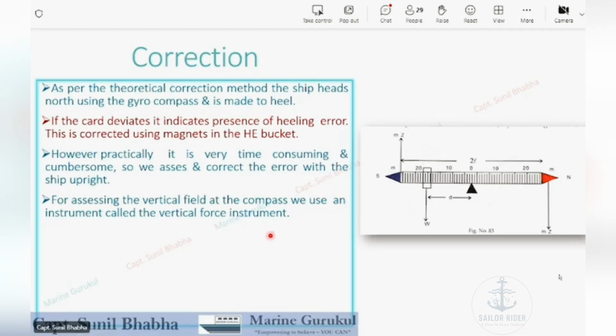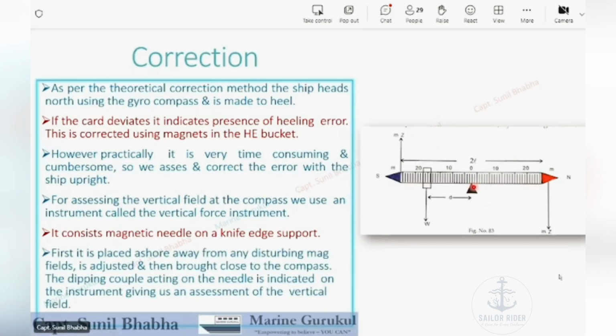So this VFI is also very similar to a dip needle. We have a knife edge support, and on this knife edge support, we have a magnetic needle. This magnetic needle is free to move in the vertical plane. One end is the blue end of the magnet, and this is the red end of the magnet.